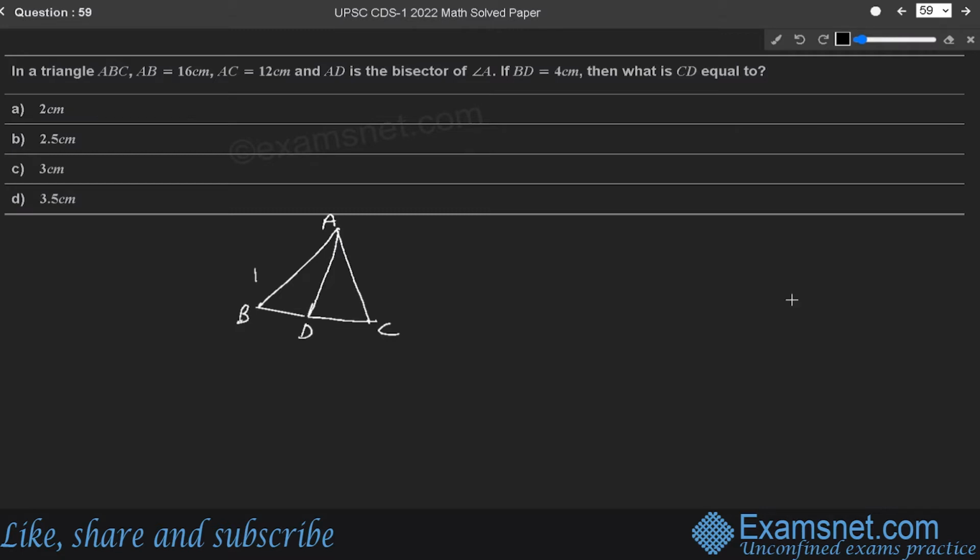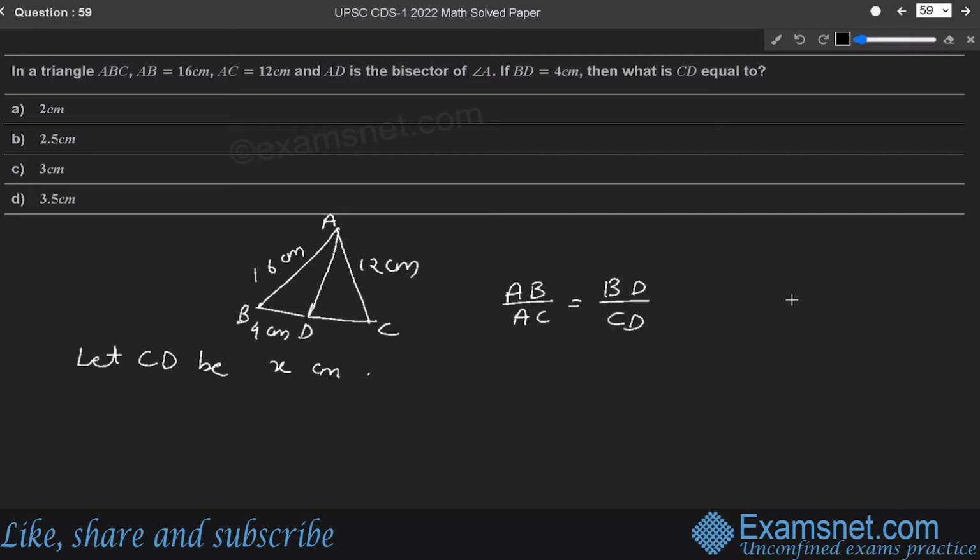According to question, AB is 16 centimeter, AC is 12 centimeter and BD is 4 centimeter. Now let the length of CD be x centimeter. Now according to a concept which is the angle bisector theorem, if AD is the angle bisector of angle A, then AB upon AC will be equal to BD upon CD.